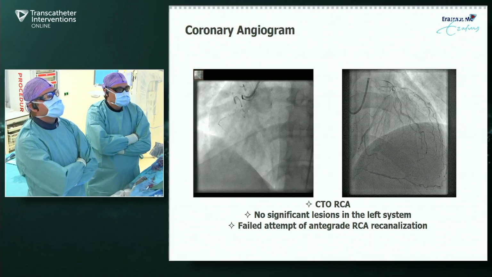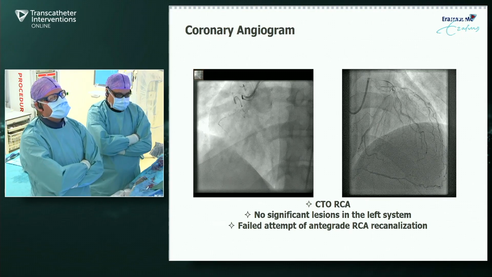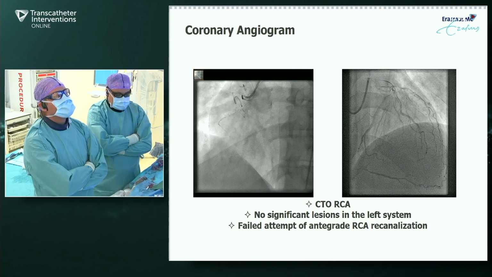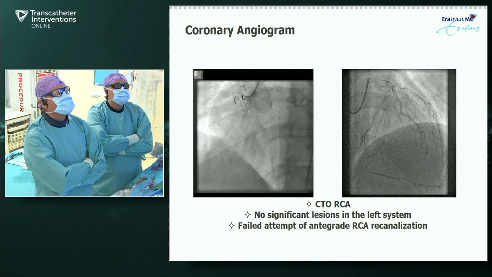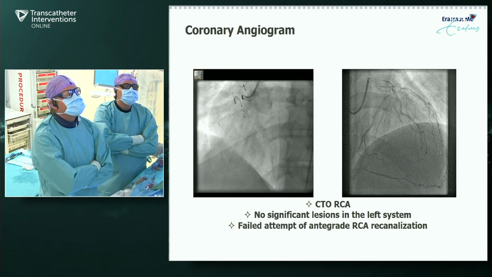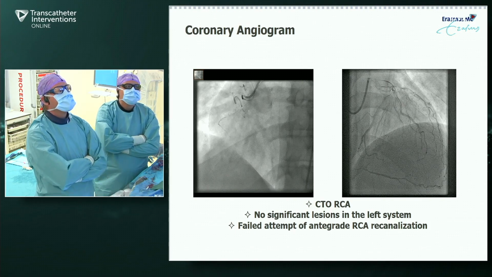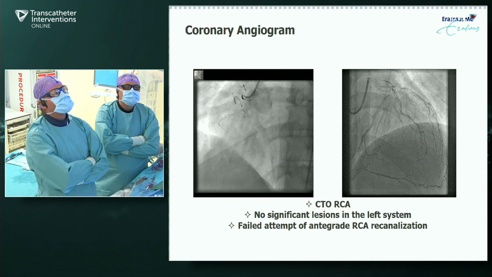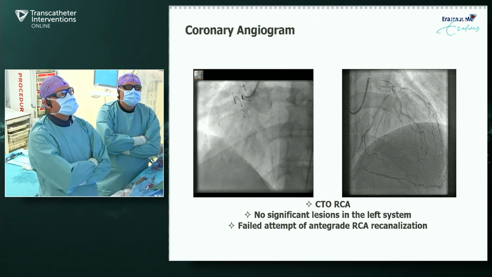There seems to be some recanalization or bridging collaterals. On the left, you can see a system that has some wall irregularities but no significant disease, and a rather large right that's been filled retrogradely through mainly an epicardial vessel and possibly some septal collaterals.